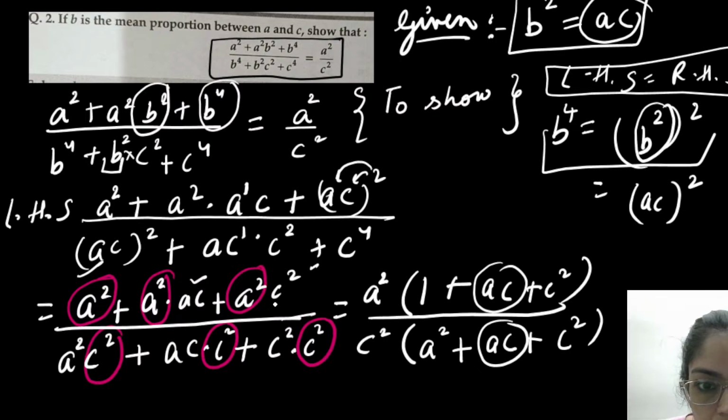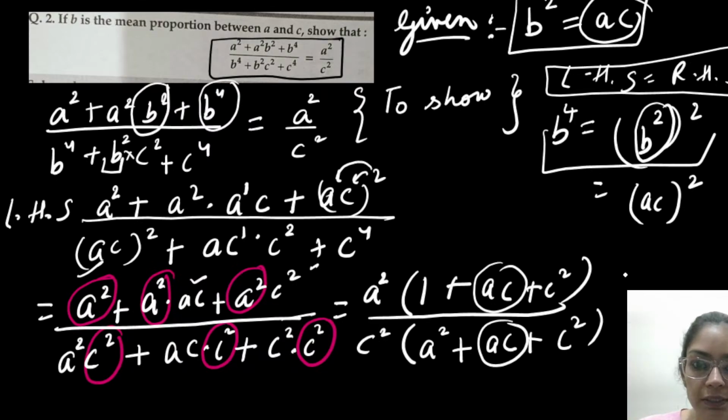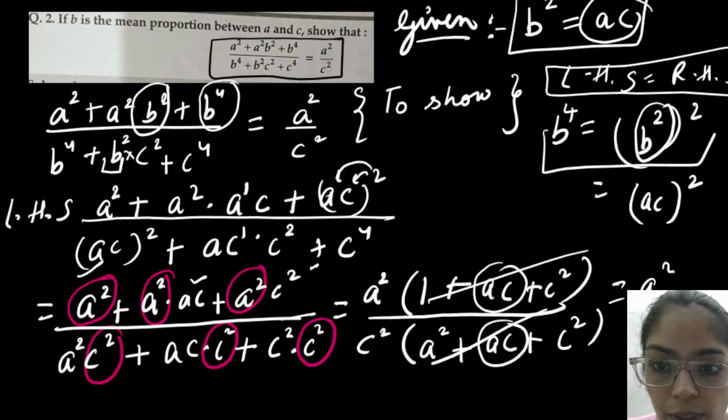So what did we miss here? If b is the mean proportion, did we miss anything? Because these two things have to be cancelled, then we will be left with a square by c square.